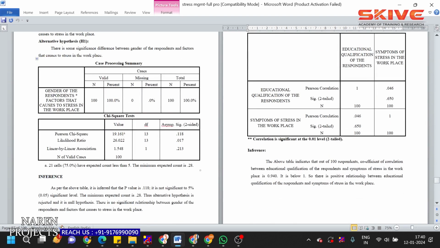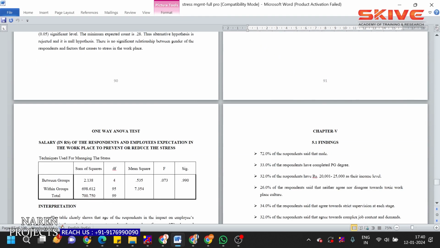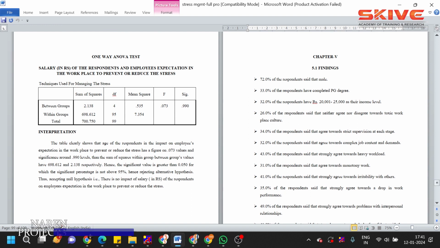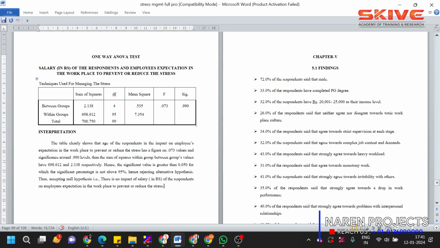Based upon the formulation of the chi-square and the correlation, the data values are analyzed. The ANOVA test is a newer method of identifying stress-oriented values, so we use the ANOVA test here.